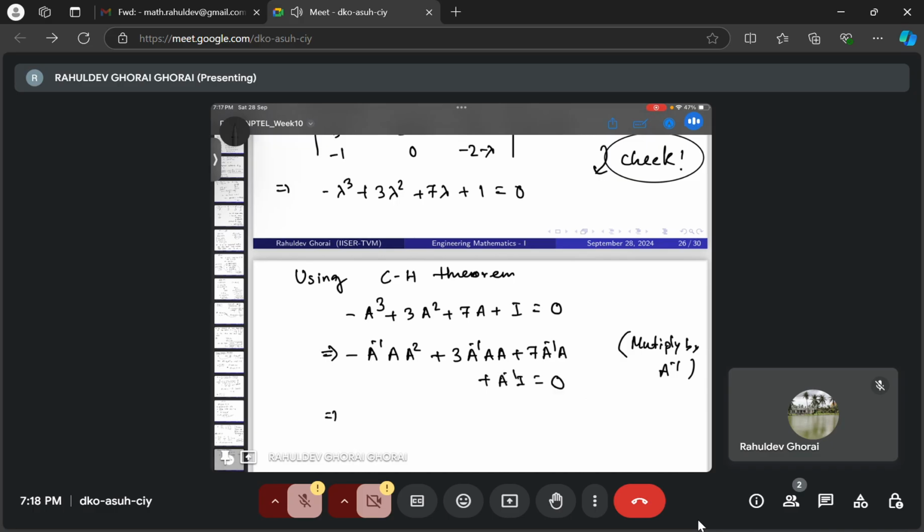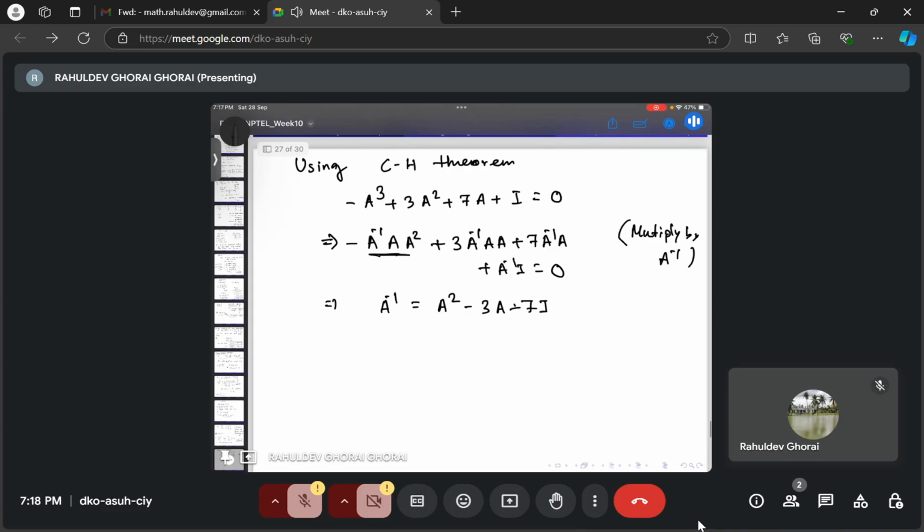That implies A inverse times identity, which is A inverse, will be equal to this quantity going to that side, which will give you minus A squared minus 3 times A minus 7 times identity. So all you need is to multiply A again by A. So find A squared. Then you know A also and the arithmetic. You know all these things.